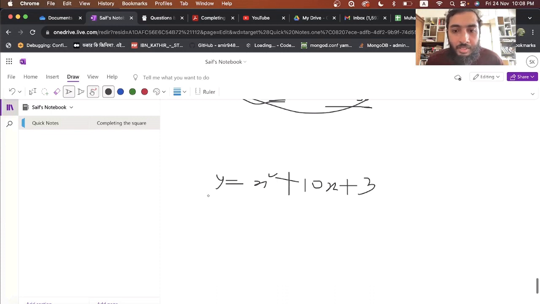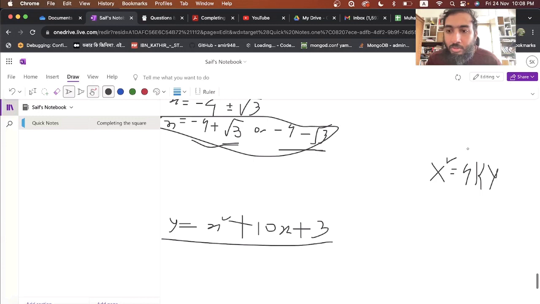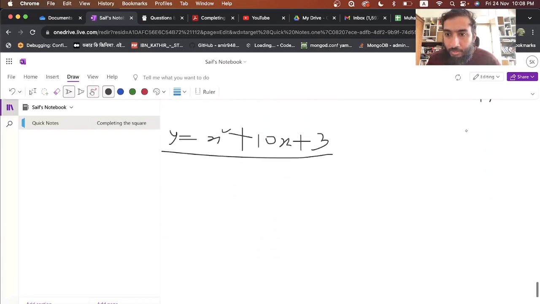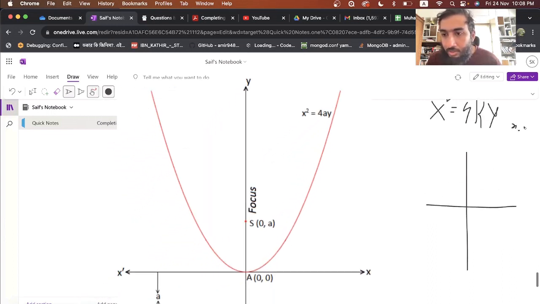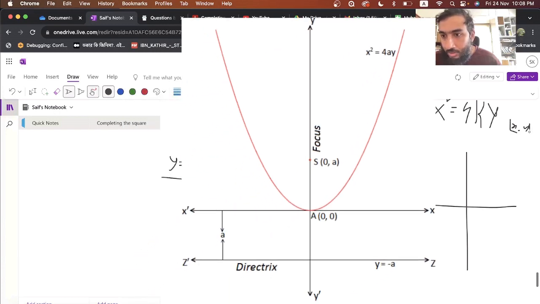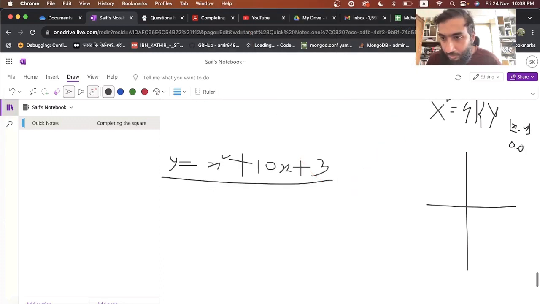As you can see, this is a parabolic equation using this form, x square equals 4 multiplied by a constant times y. So from a geometric coordinate perspective, if xy is at the center of the graph, or 0 0, it will look something like this.